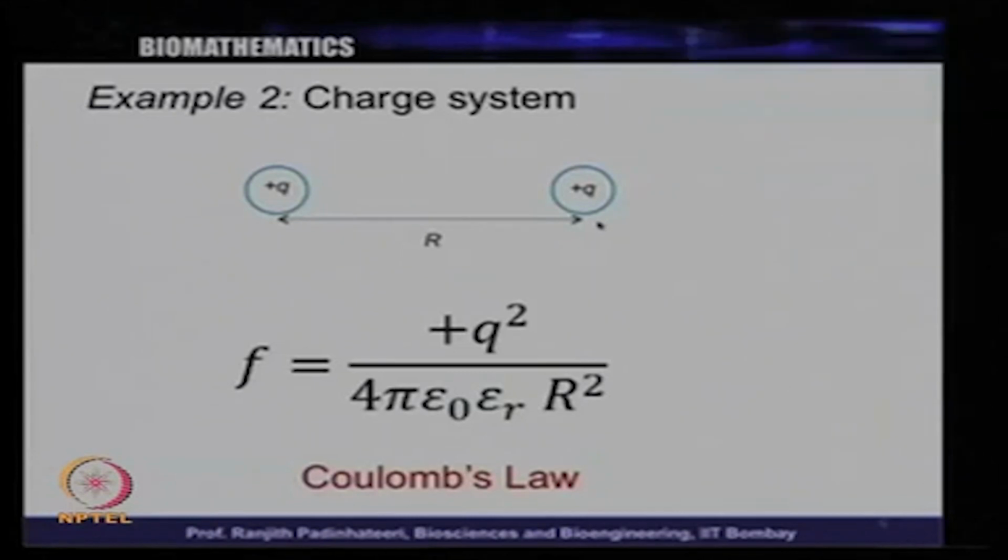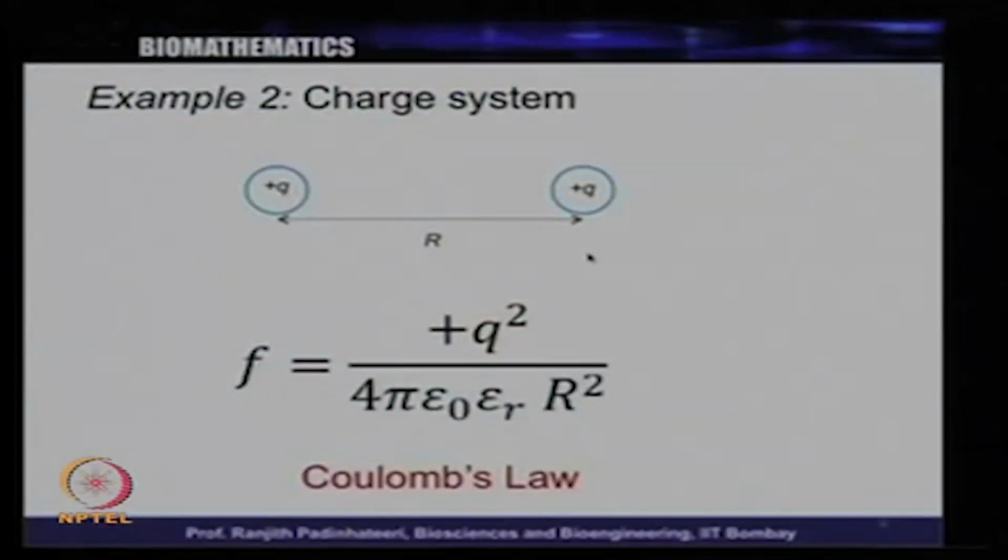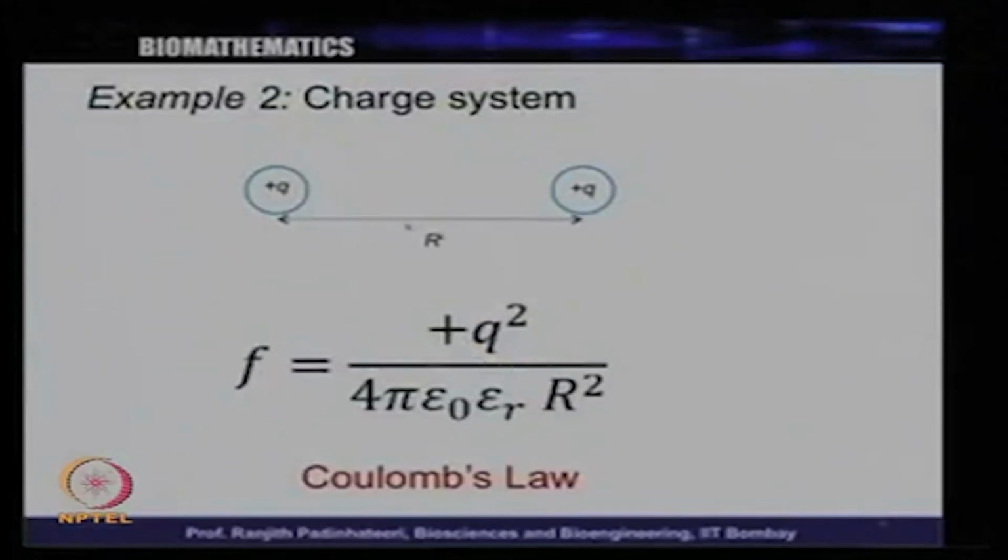We know that in such a case the force is given by Coulomb's law: F is q square divided by 4 pi epsilon 0 epsilon r r square, where epsilon 0 and epsilon r are the permittivity of vacuum and the relative permittivity. You know these constants from your school classes. Our capital R here is the distance between these two charges, and this is the famous Coulomb's law. Now, knowing this, how do we calculate the energy of this charge system?